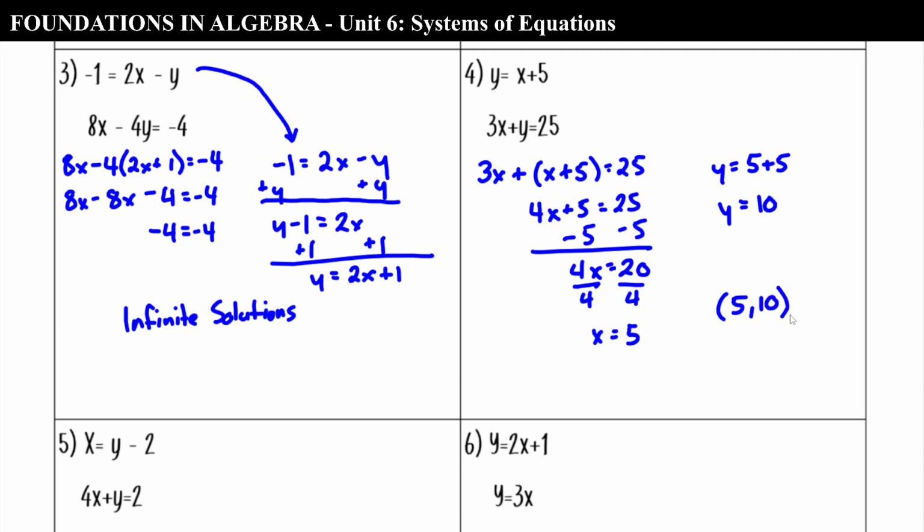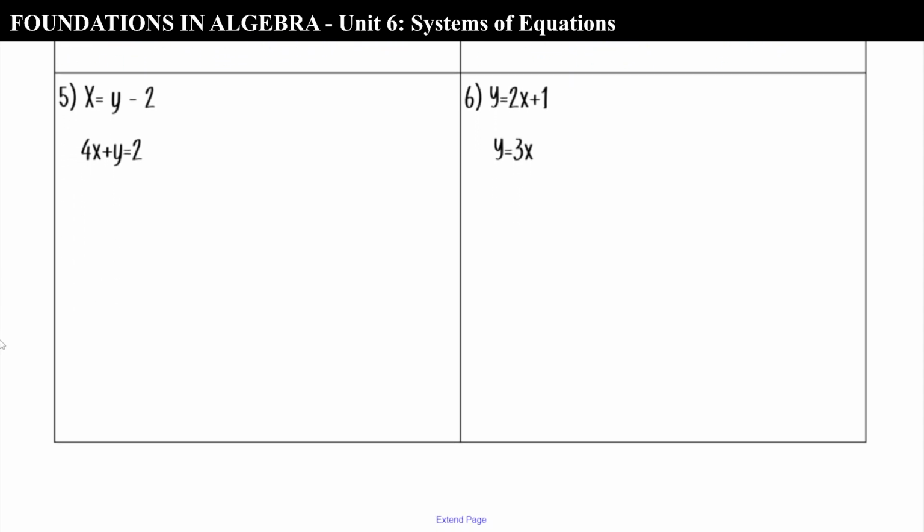All right, for number 5, we have x is equal to something. So let's go ahead and plug that into our second equation. We'll distribute 4y minus 8 plus y is equal to 2.